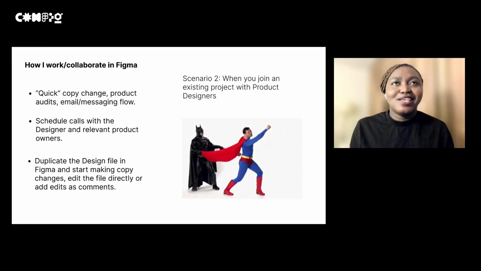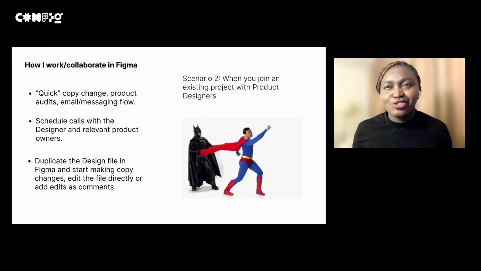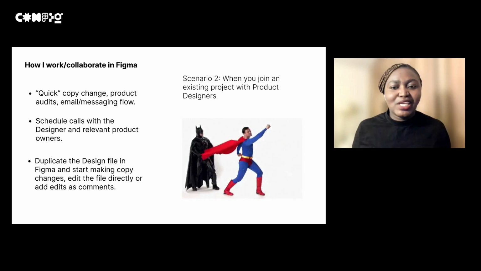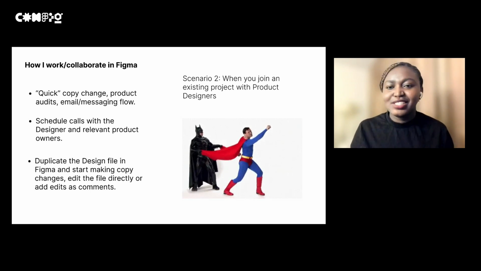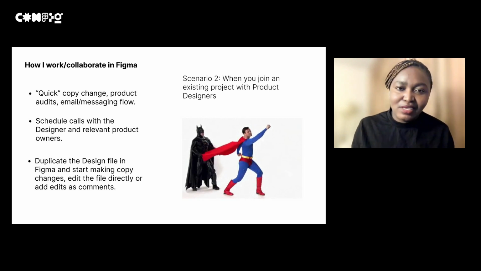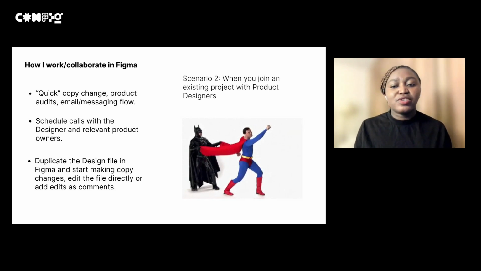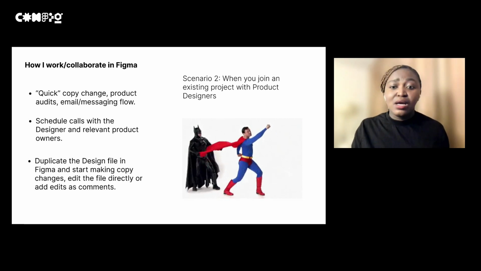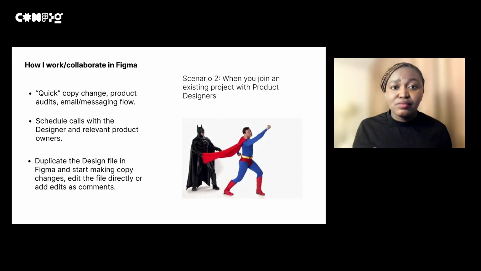The second scenario is the normal one. You join a team, there are already screens, and you're maybe doing an audit, making quick copy changes, or product audits. This is what most of us see most of the time as content designers. For this, I still have my stakeholder calls. I schedule those calls with the designer and the relevant product owners. Please, I need context.